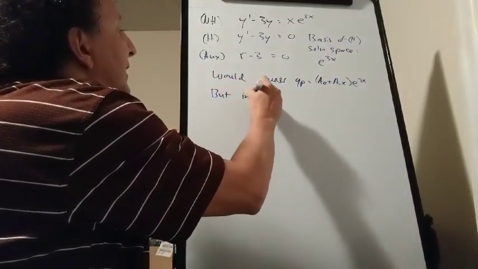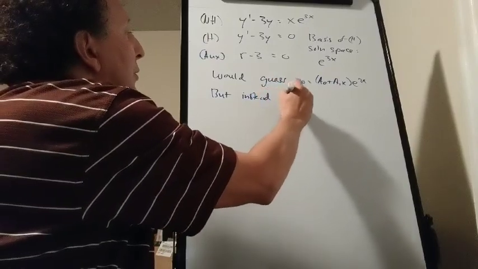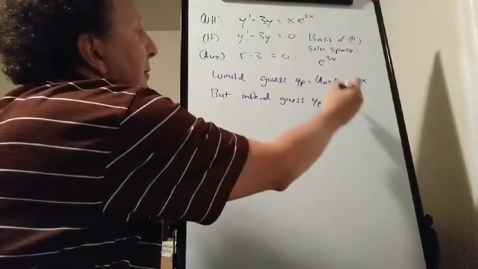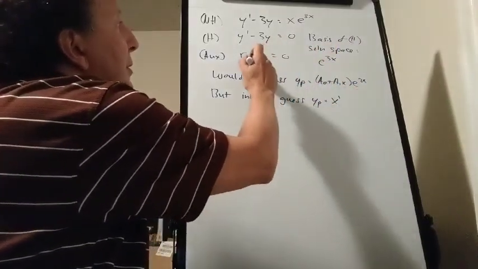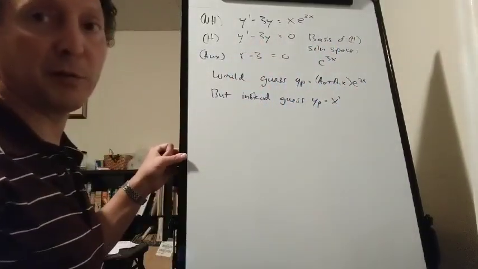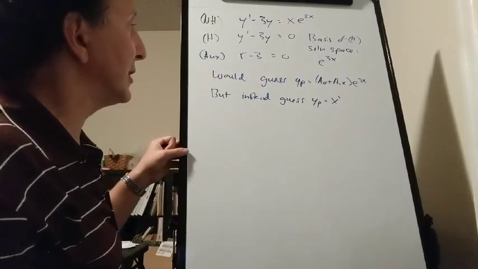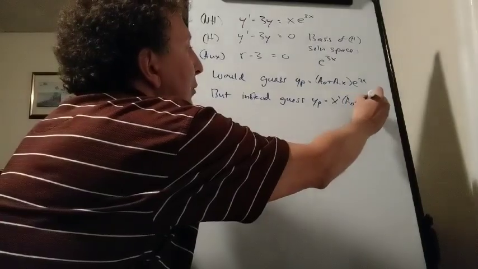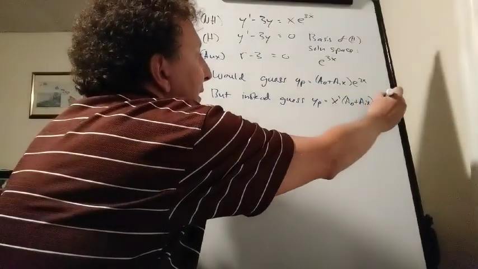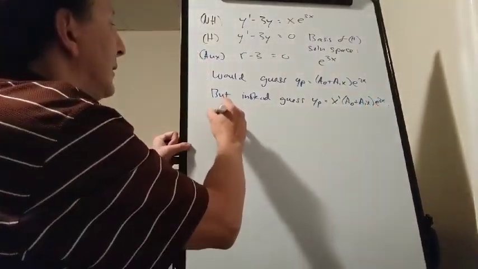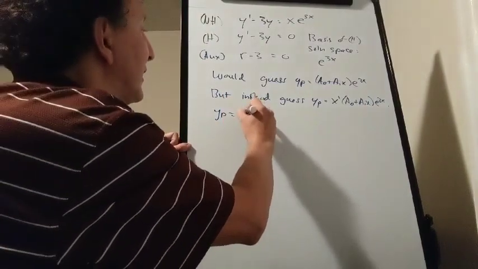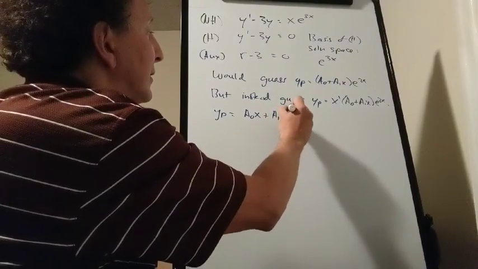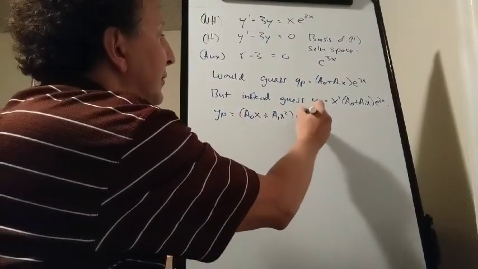But instead, we're going to guess yp equals x to the first, because of this multiplicity 1 occurrence of 3 as a root of the auxiliary equation, x to the first times a0 plus a1x times e to the 3x. So that makes yp equal to a0x plus a1x squared times e to the 3x.